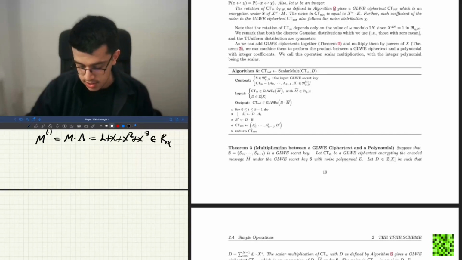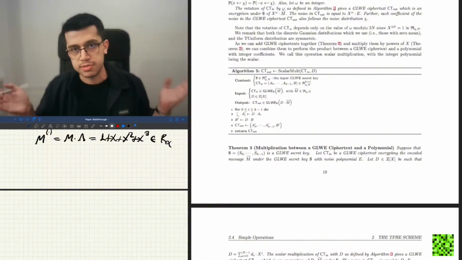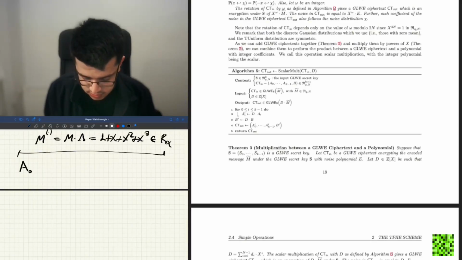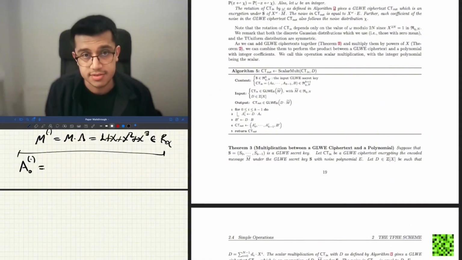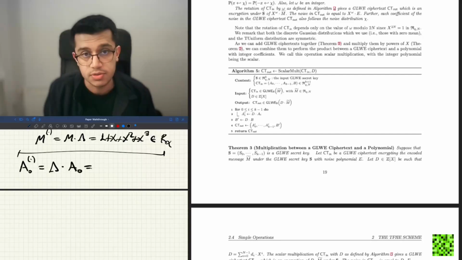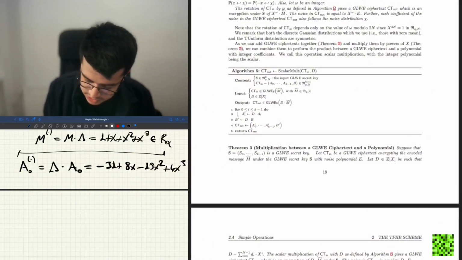So now we're going to multiply the components of ciphertext C by our public polynomial alpha. Let's call it a0 dot, which is equal to alpha times a0, which is actually equal to -31 plus 8x minus 15x squared plus 4x cubed from R_Q.